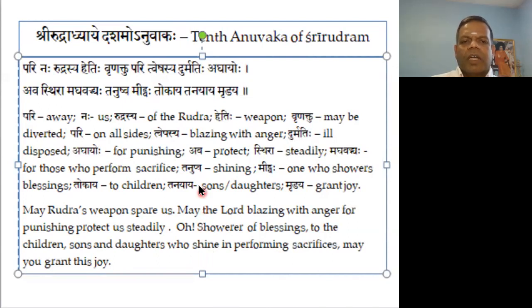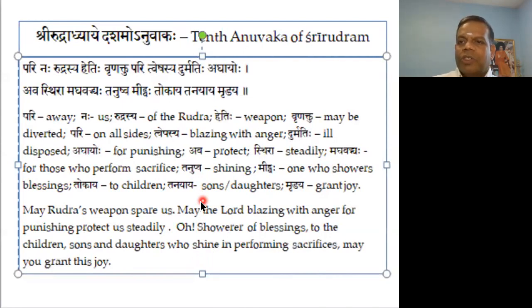You can take Tanushva with Maghavat Bhyaha, or with Meedva, either way. I don't know whether you remember, in the Venkateswara Suprabhatam, the ones who are chanting Vedokta, Lasanti is the word used, that means they are shining. Anyone who is doing tapas or prayers will emit radiance, tejas.